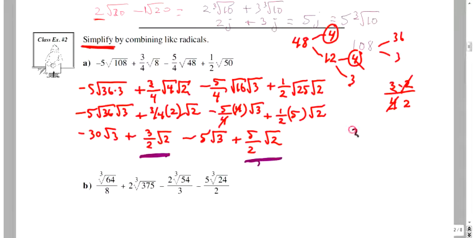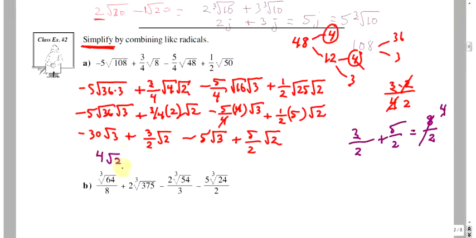Or I have 3/2 root 2's and 5/2 root 2's. And how many is that? I have the same denominator, so I can just add straight across. What's 8/2? 4. Same thing, right? Okay, so this thing gives me 4 root 2's.